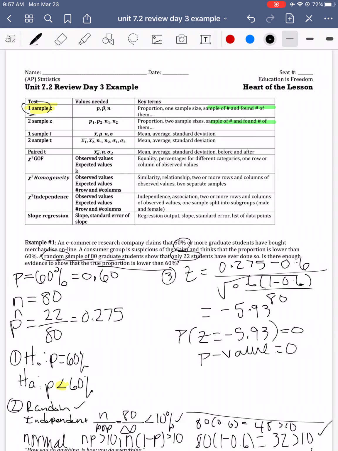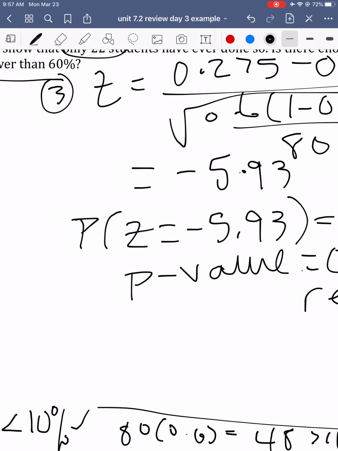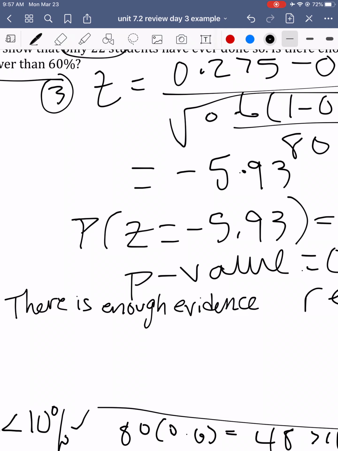And so then that's definitely going to be less than alpha. So we're going to reject our null hypothesis. So since we reject the null, then our final statement here is going to be there is enough evidence to show, well, let's include our alpha level here.